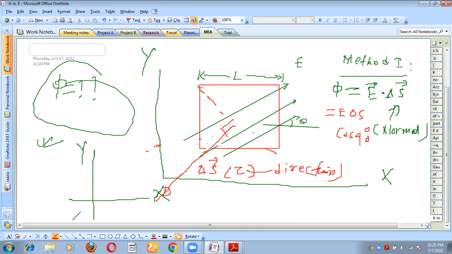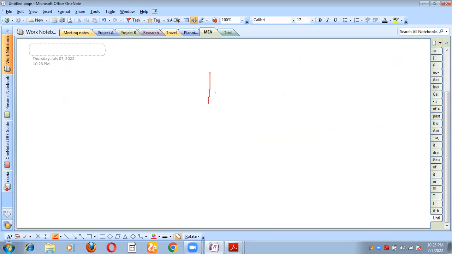Whenever we are taking the direction of area, it is always perpendicular to the plane of the surface. Suppose we have an area like this. When we take the area vector, it is always perpendicular to the surface on which we are taking it. That is the concept of area vector.